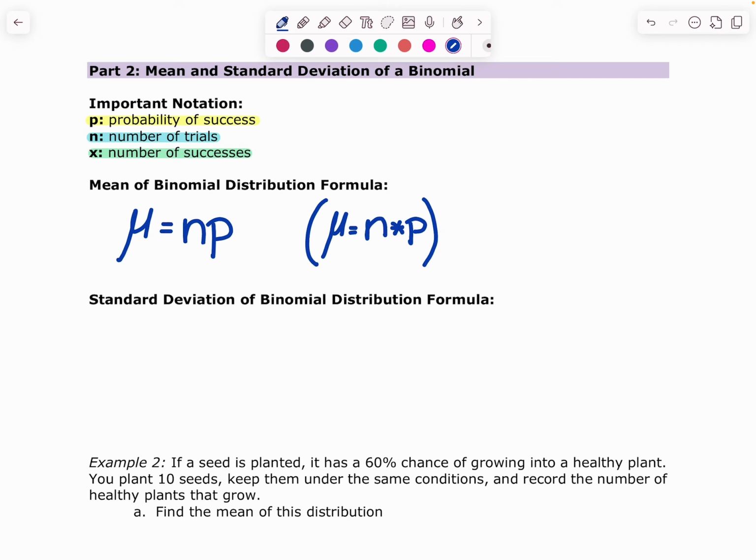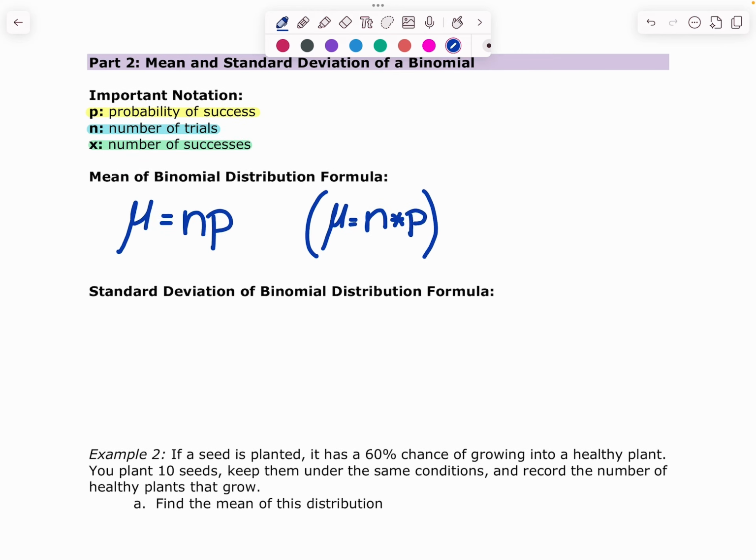But if you want to see the multiplication symbol in between to remind yourself that you're doing multiplication, that's fine. So to find the mean, we just take the number of trials and multiply it by the probability of success. That's it. So much easier than what we have to do with a discrete probability distribution that is not a binomial.